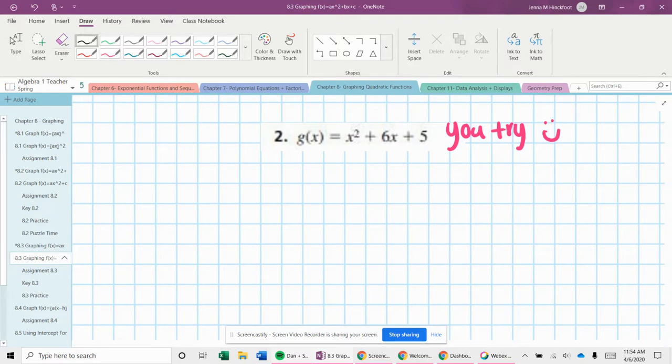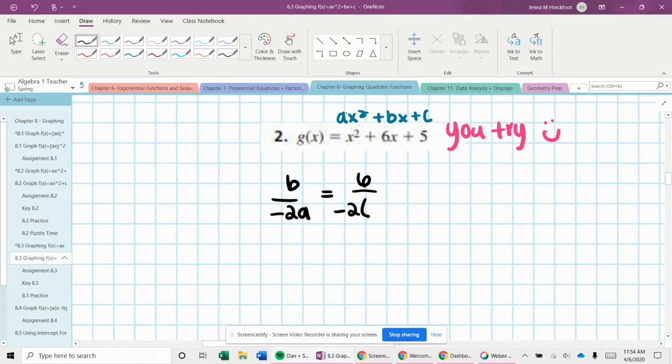Okay, so hopefully you started with your x, right? So you want to find your x of your vertex first, which is your axis of symmetry. Remember, that's b over negative 2a. Our b in this case, remember, it's ax squared plus bx plus c, so it's 6. So 6 over negative 2 times a 1, because x squared is the same as 1 x squared, so there's a 1 out there.